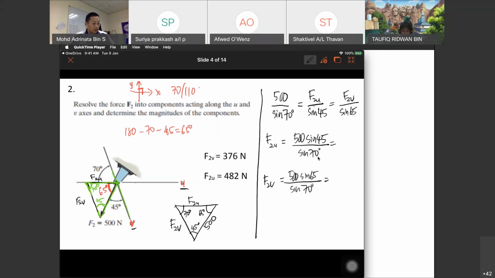Okay, so F2U is 376 Newton to the left. F2V is 482 Newton positive.